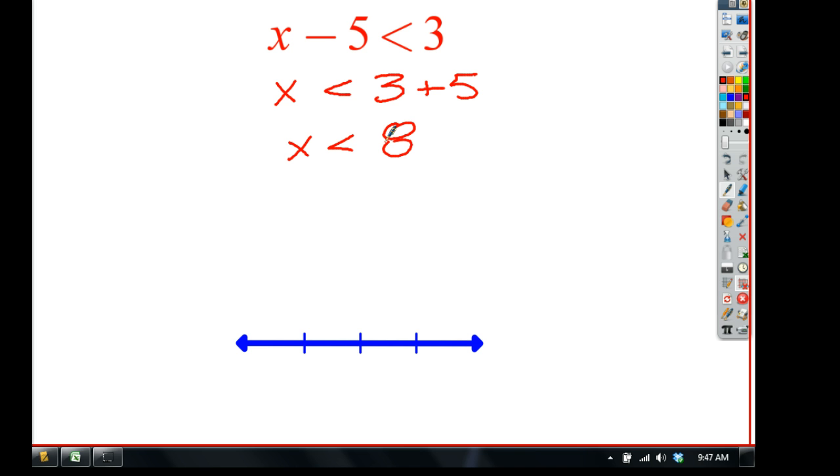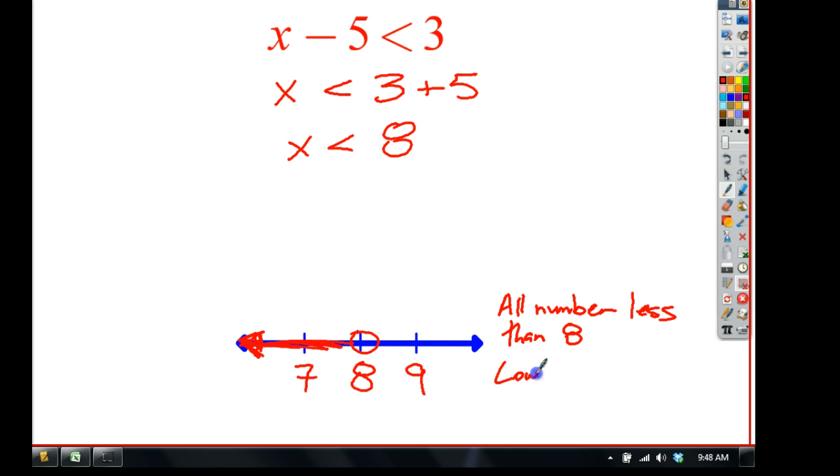Okay, well, let's fill this in. We got 8, and what's one above that is 9, and one below that is 7. All right, and we're saying all numbers lower than 8. You could say lower than 8, or less than 8.